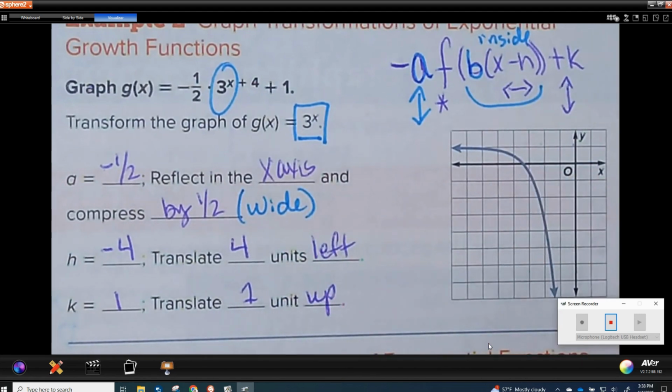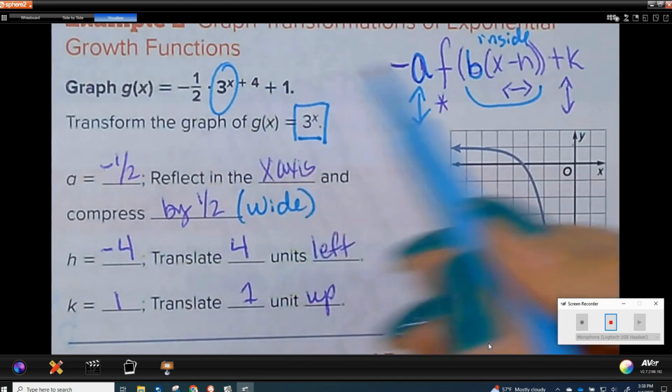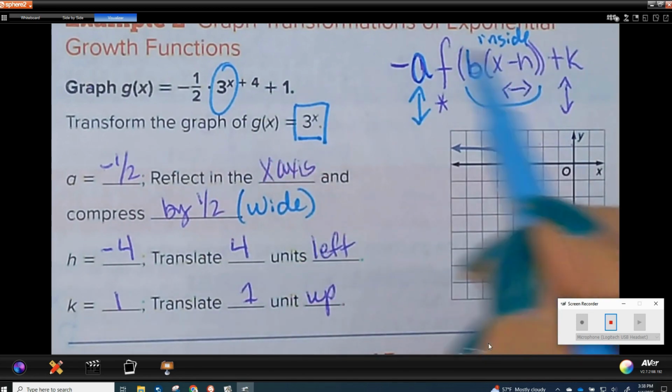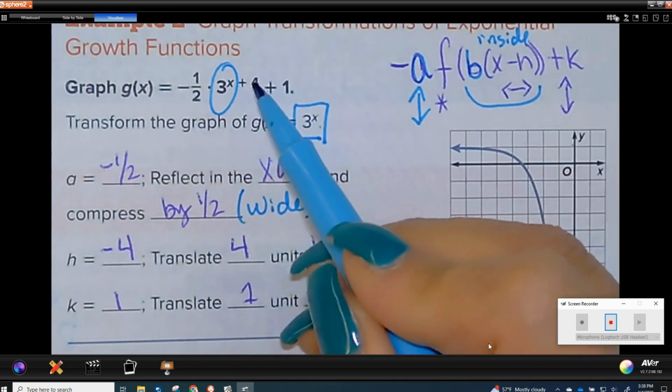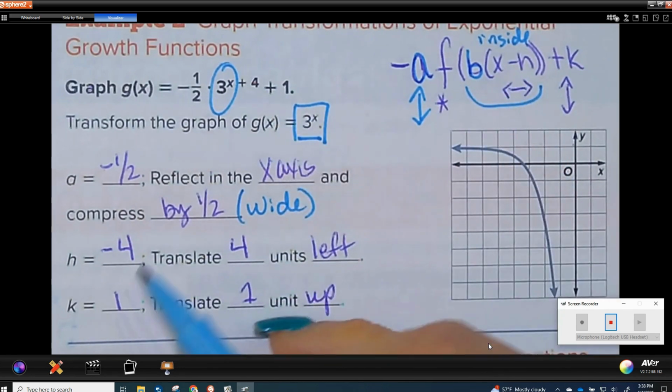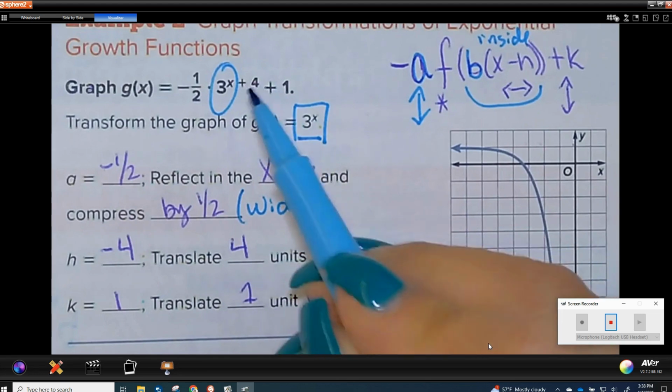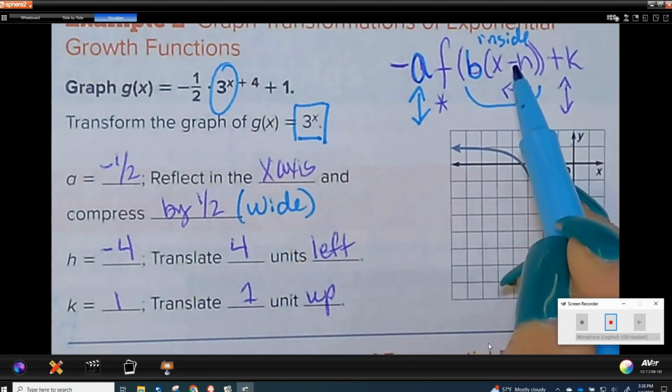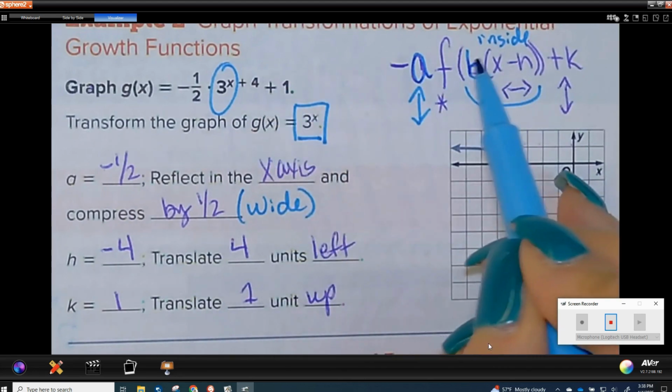Here's the graph. Negative 4. Our standard is a negative h, so h is a plus 4. It shows plus 4 here. Our h is a negative 4. In order to get a plus here, and our standard is negative, the inside is opposite of what you think.